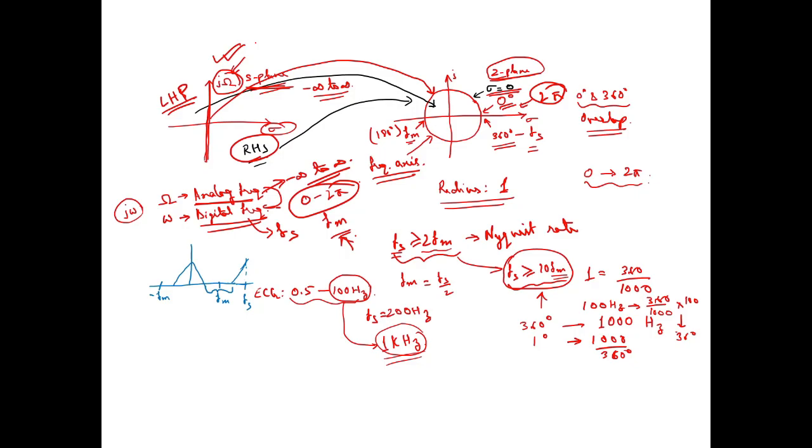So, if we look into this again from here, if we look into our Nyquist criteria, which says Fs is greater than or equal to 2 Fm. That means Fs, as I already told you, will be mapped at 2 pi, and at pi we will have the Fm.